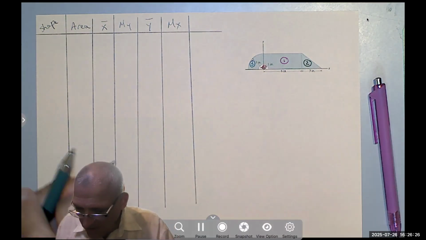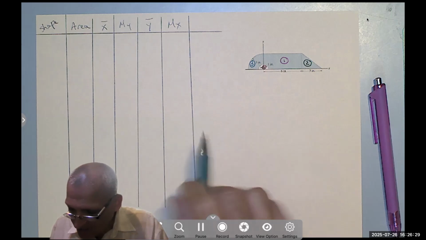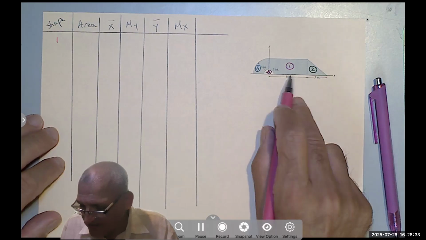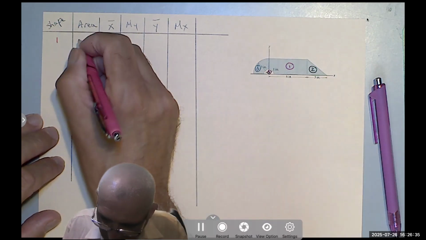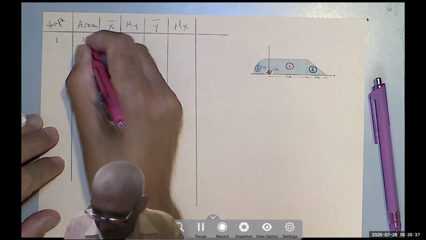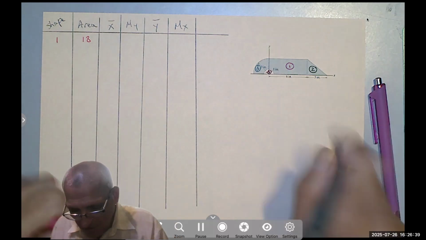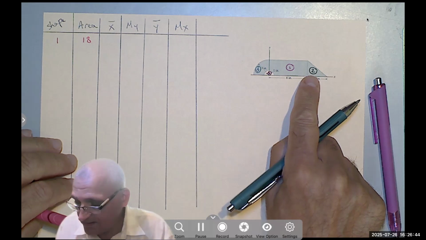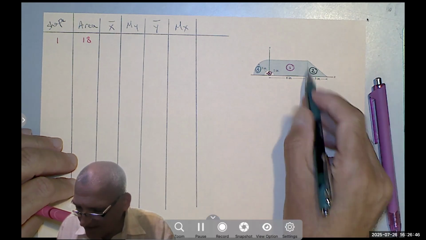So let's start with shape number 1. I can find its area, base times height, 6 times 3, so I can write 18. Then I go to the triangle: half base times height. The base is 3. They didn't give me the height.